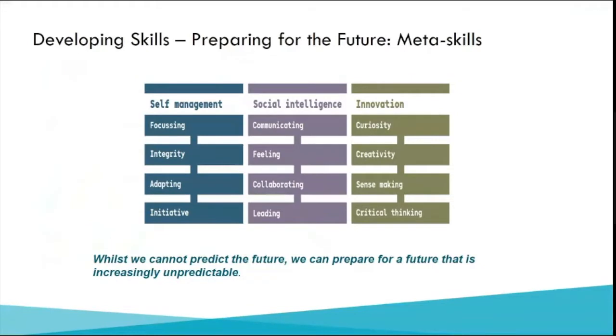So yes, you may be familiar with the term meta skills. It's featured in a report that Skills Development Scotland produced about skills for the future. And it's a term that really incorporates these three groupings of skills: self-management, social intelligence, and innovation. And you'll see that creativity and critical thinking are right in there.